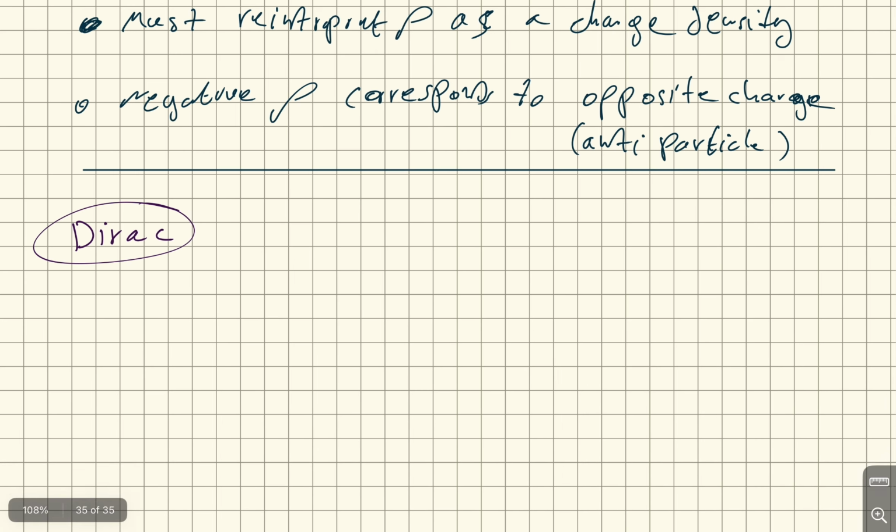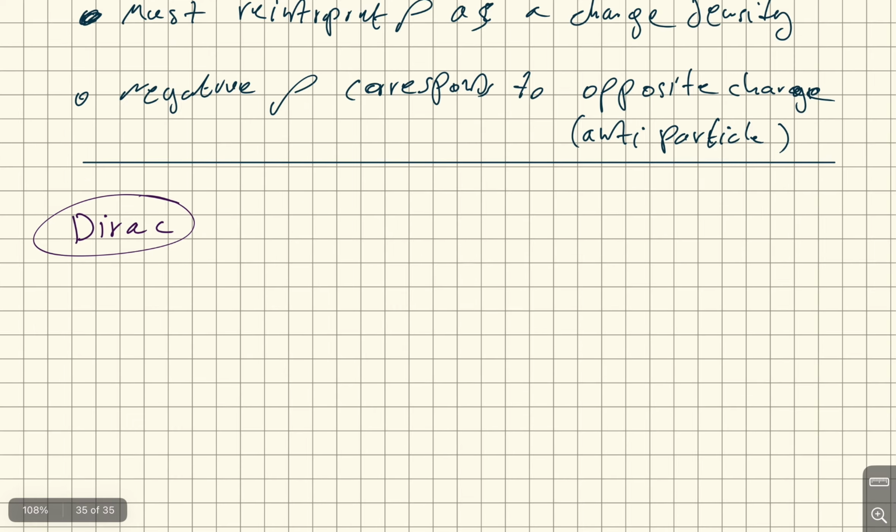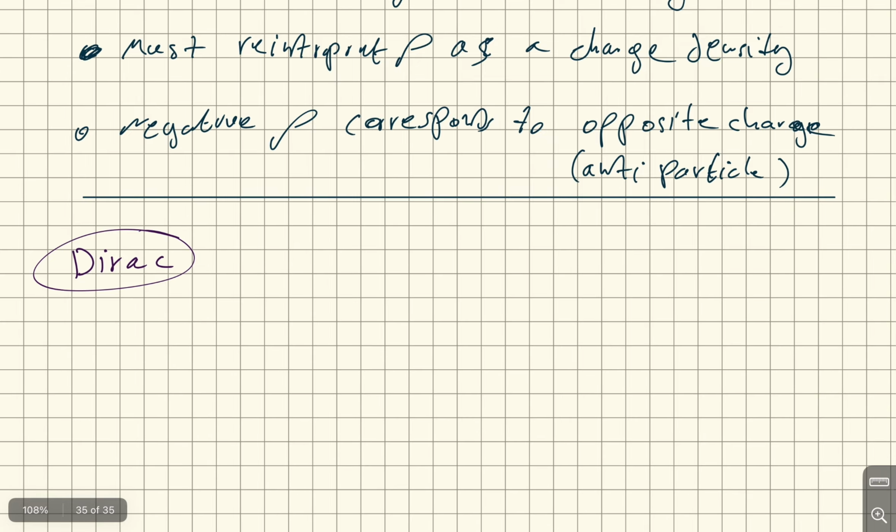Well, let's now start from a Schrödinger equation of a relativistic type. It's the combination of the Schrödinger equation and Dirac.